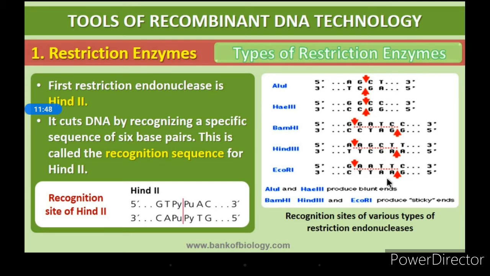In the same way, many other examples are given here. So here AluI: what is that? It is actually Arthrobacter luteus 1. Okay, that is the naming of restriction enzymes.